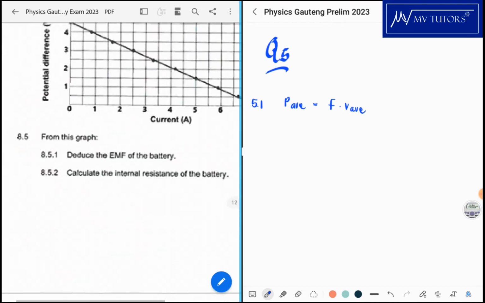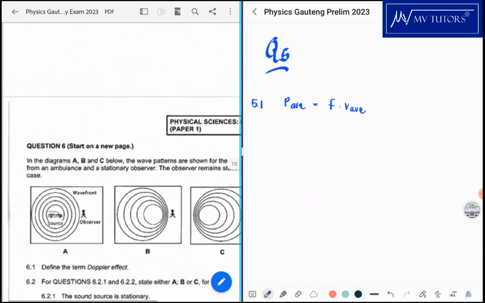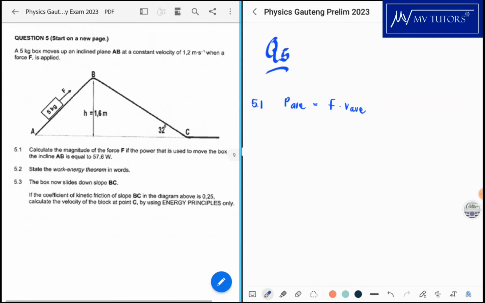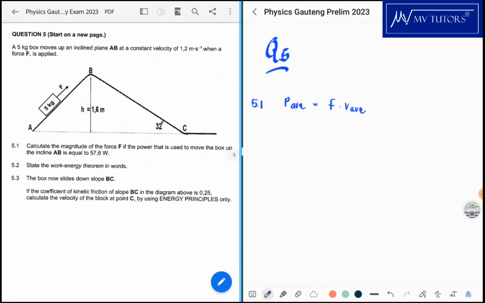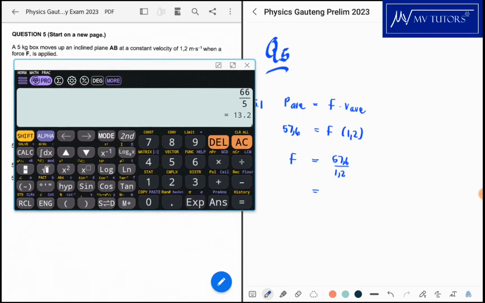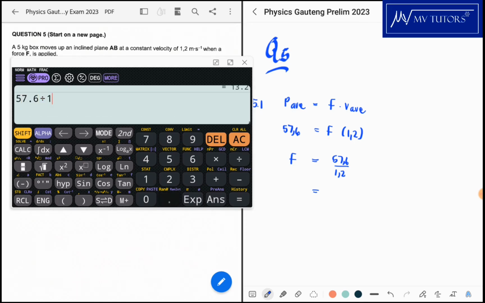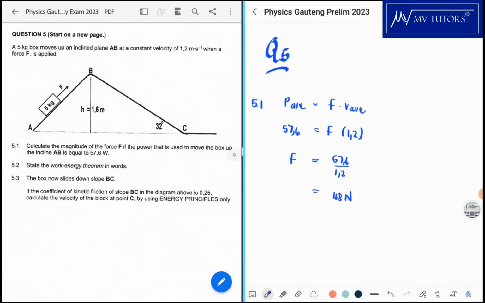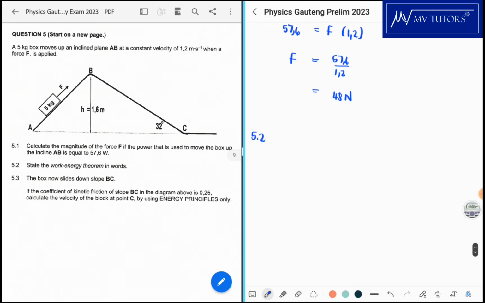Going back to our question, we have our power, which is 57,6 watts, and force is what we're looking for. And what is our average velocity? Our constant velocity was given as 1.2. And so the force will be 57,6 divided by 1,2, which is 48 Newton. Okay, great.